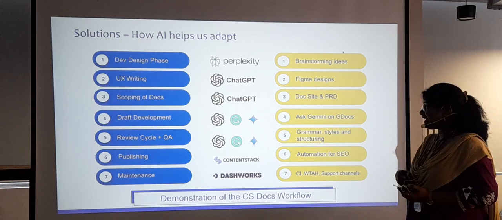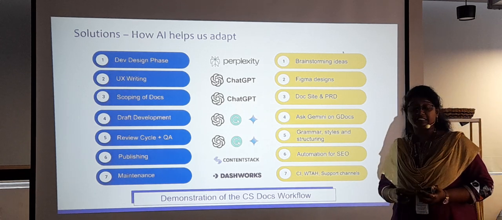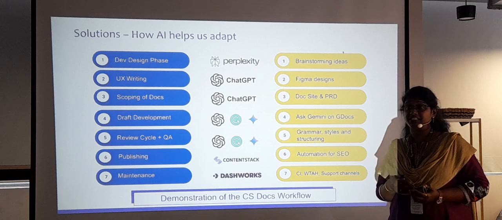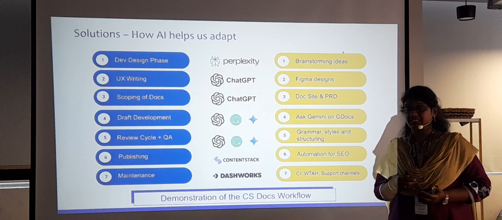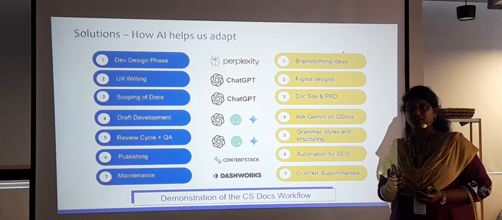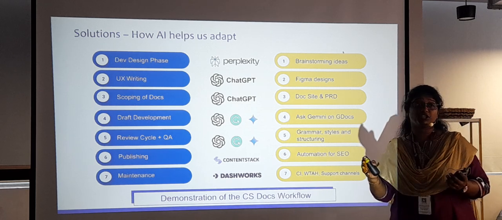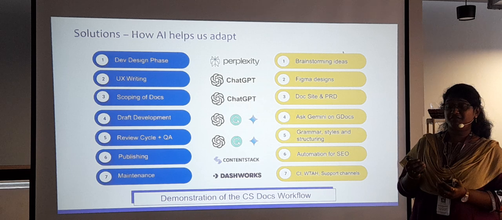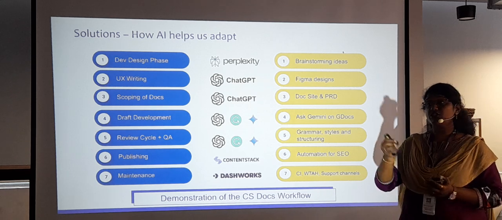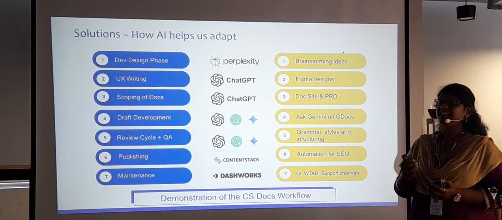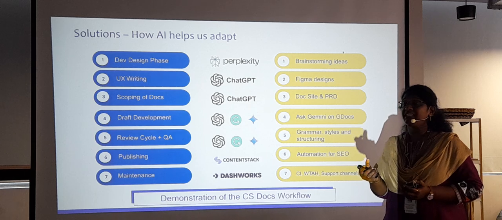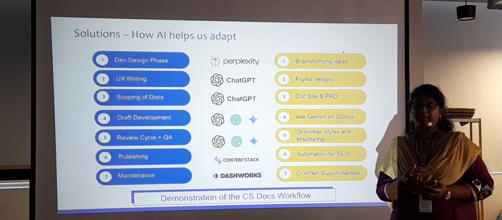And also for the next step, the scoping of docs, we have tons of documentation or doc articles on the website. You can check it out on contentstack.com/docs. There we have so many documents for every feature. We cannot sit through each of these modules and pages and understand where exactly there would be an update for the upcoming feature.